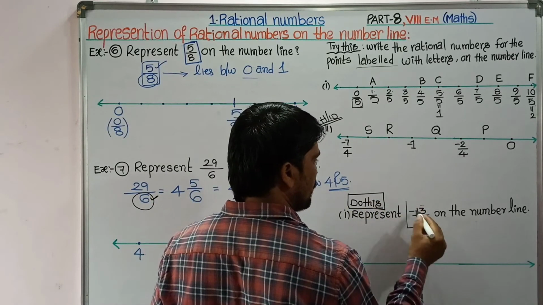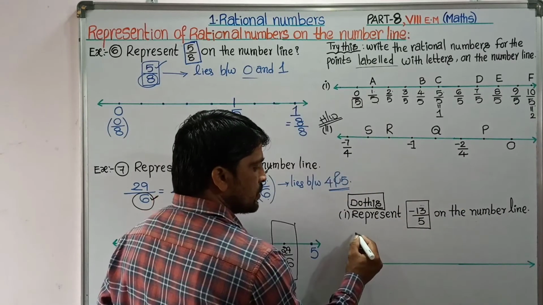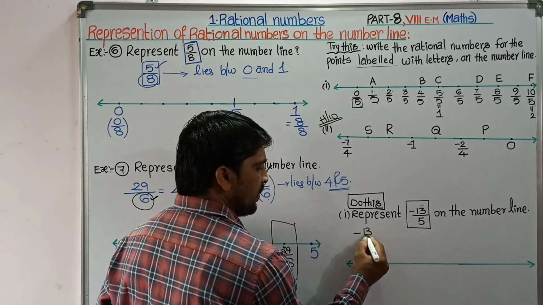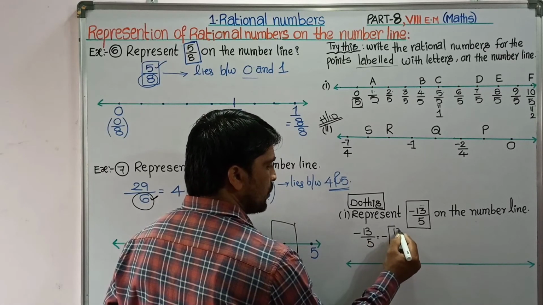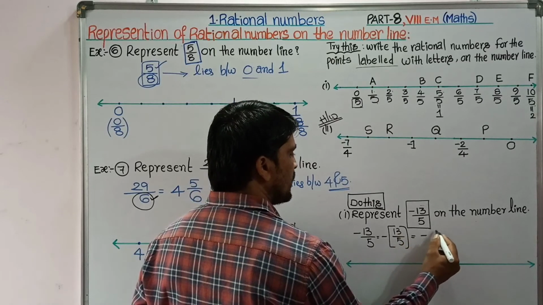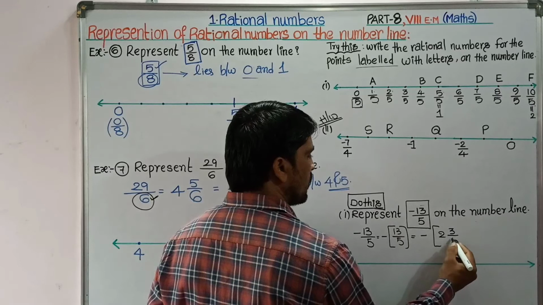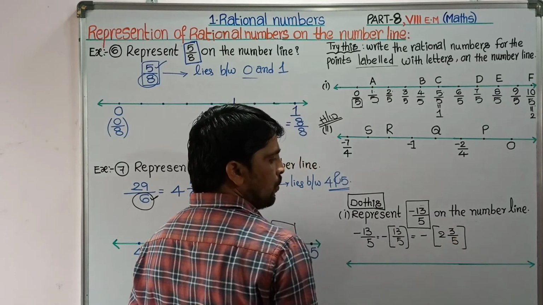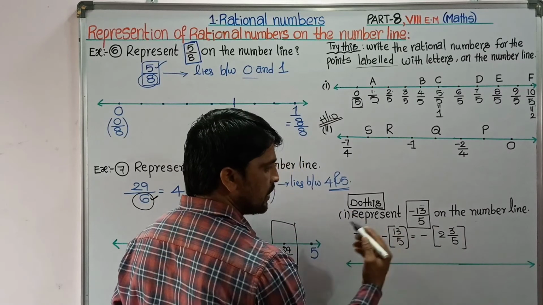Represent minus 13 by 5 on the number line. Since minus 13 by 5 can be written as minus of 13 by 5, that can be written as minus of 2 whole 3 by 5, as we know 5 twos are 10 plus 3, 13 by 5.